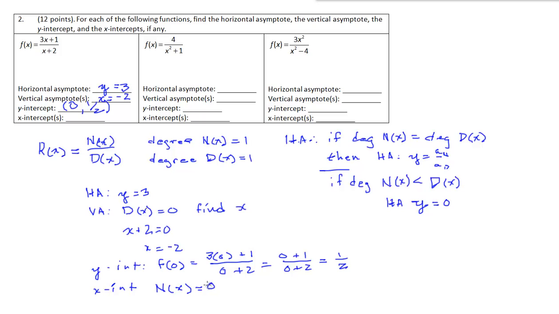Just find out when the numerator is 0. And in this case, 3x plus 1 equals 0. Subtracting 1 and dividing by 3, that's x equals negative 1/3. So this is (negative 1/3, 0).